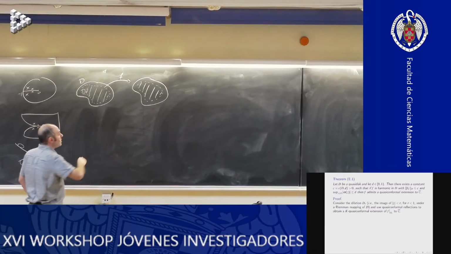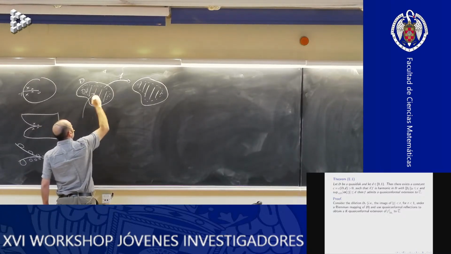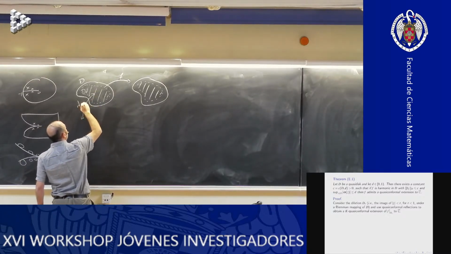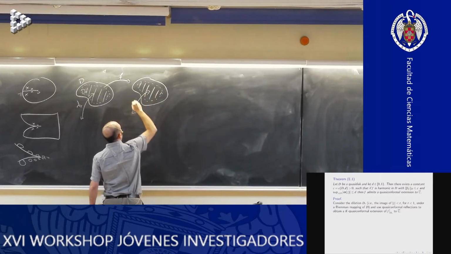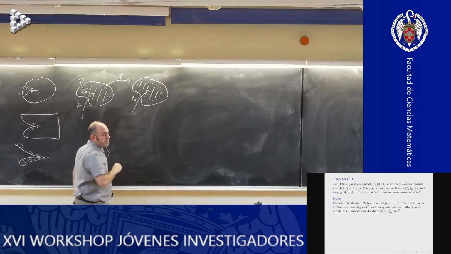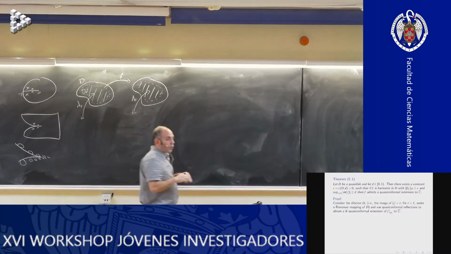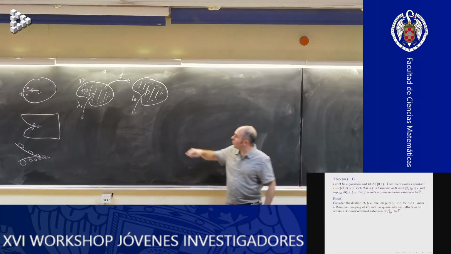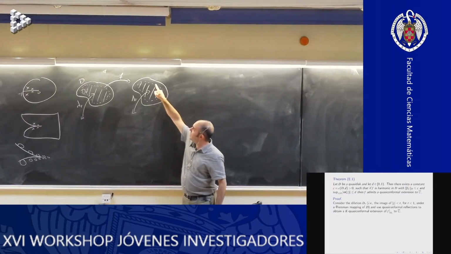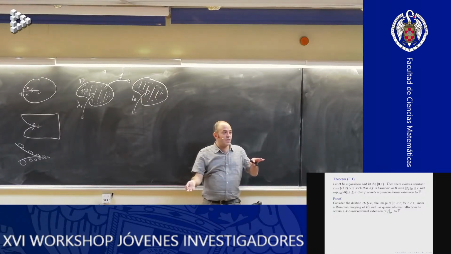Now both of these are quasi-disks, and therefore there exist quasi-conformal reflections, small lambda r and big lambda r, which mean that these are homeomorphisms of the Riemann sphere, which are the identity on the boundary, and interchange the inside with the outside.